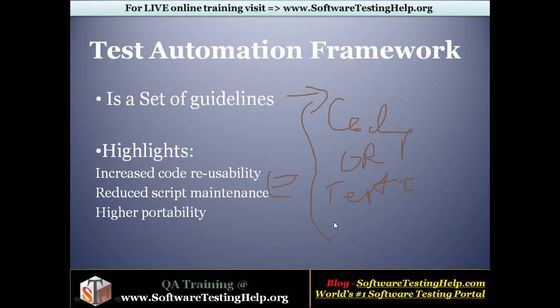So anything that gives you positive results by following a set of guidelines, you call it a framework. And in our case, our guidelines correspond to these coding standards, object repository, etc. Okay, so when I say guidelines, it doesn't mean that they are rules or protocols. It is not mandatory for an automation script to have these guidelines, but if you're not following a certain set of guidelines, eventually you will not be enjoying these benefits.